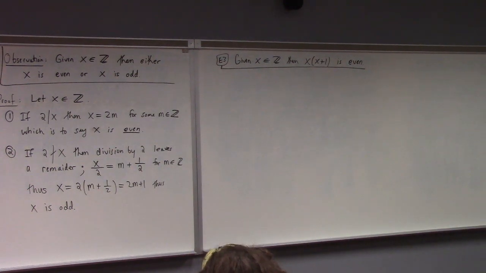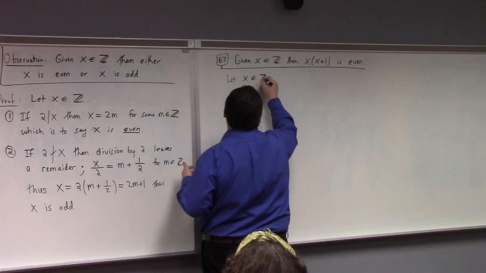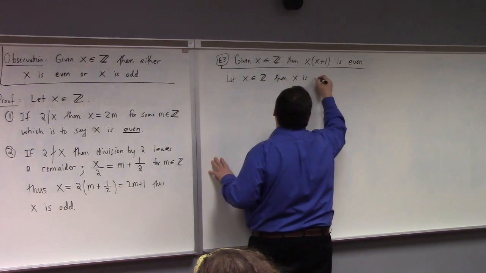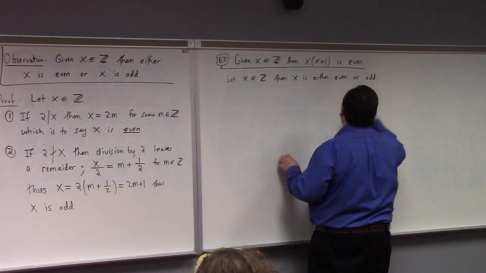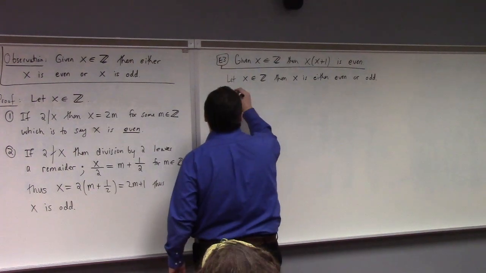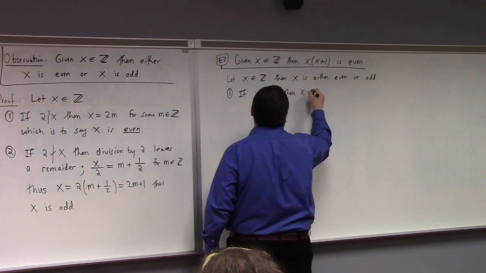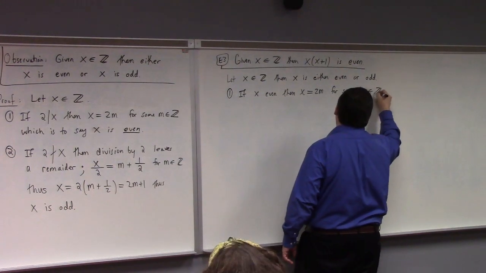Here's the way that works. Let x be an integer, then x is either even or odd. So number 1, if x is even, then x is equal to 2m for some m in the integers.